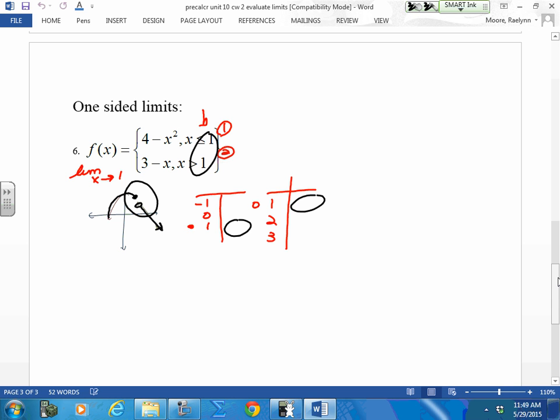It's the ones that matter. So if I plug a 1 into this one, I get 4 minus 1, I get 3. If I plug a 1 in here, I get 3 minus 1, I get 2. These are not the same points. So graphically, you can see the jump, and algebraically, you can see that they're not the same point. So this does not have a limit. The limit does not exist. It doesn't converge at the same point.